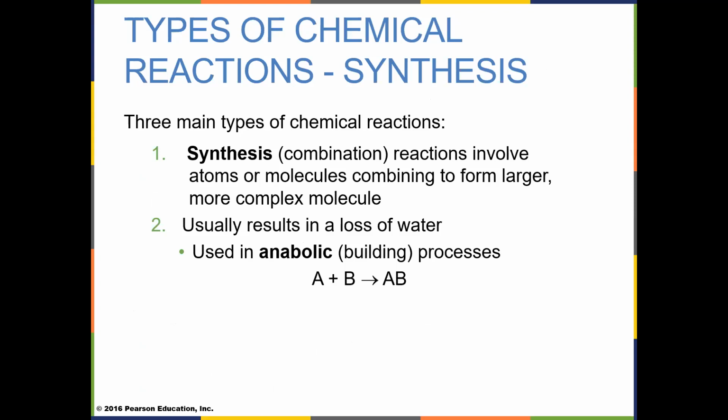In anatomy, in our bodies, we have 3 types of chemical reactions that take place. A synthesis reaction, where we take little things and make them into something bigger. Little molecules make a big molecule.